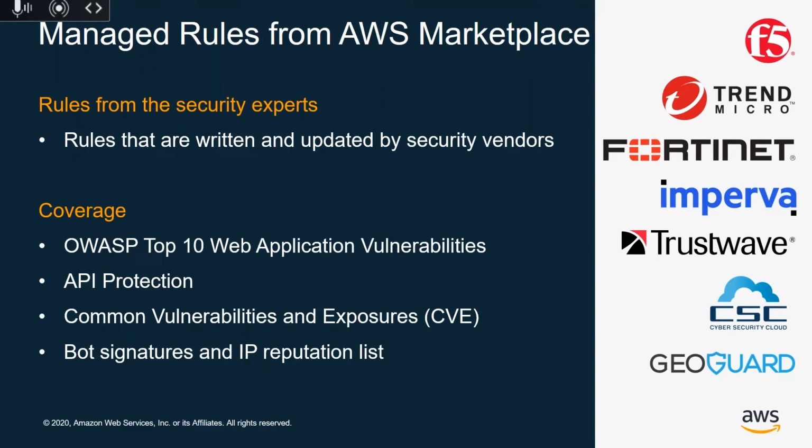This also includes rules that can help with API protection, as well as protection from common vulnerabilities and exposures, as well as protection from bot signatures with the addition of an IP reputation list as well. You can find any of these in the AWS Marketplace and subscribe to them with your use of AWS WAF, and these are pay as you go.